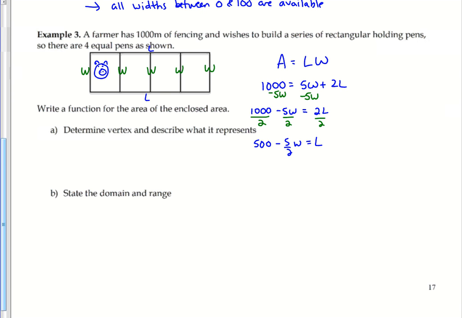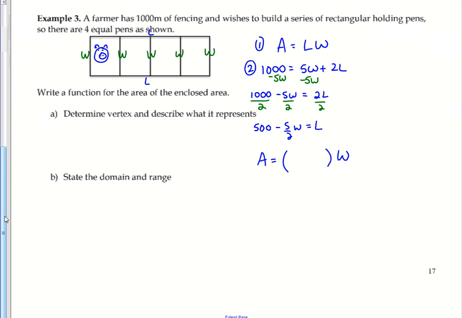So now that we have our two equations, right? We're going to take that second equation and sub it into the first, our area formula. So area equals, and I'm going to replace L with, what's L equal to? (500 minus 5 over 2W).